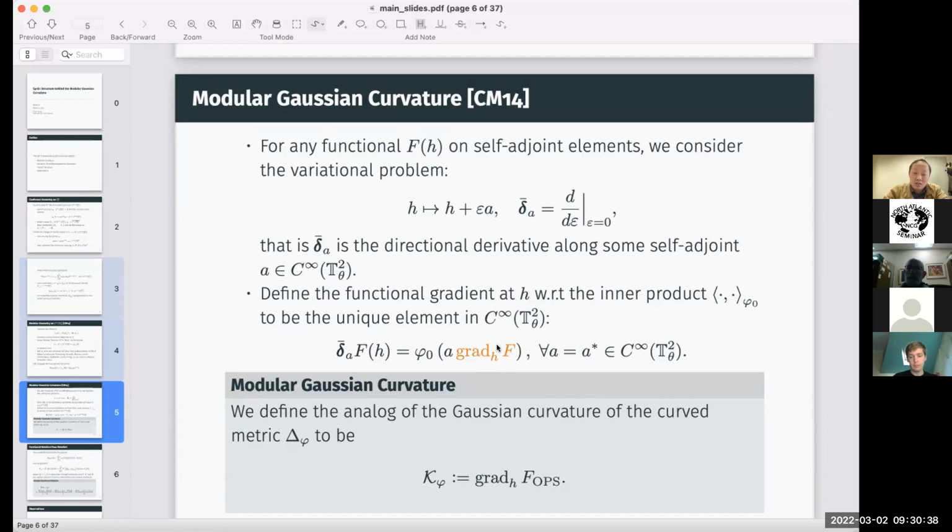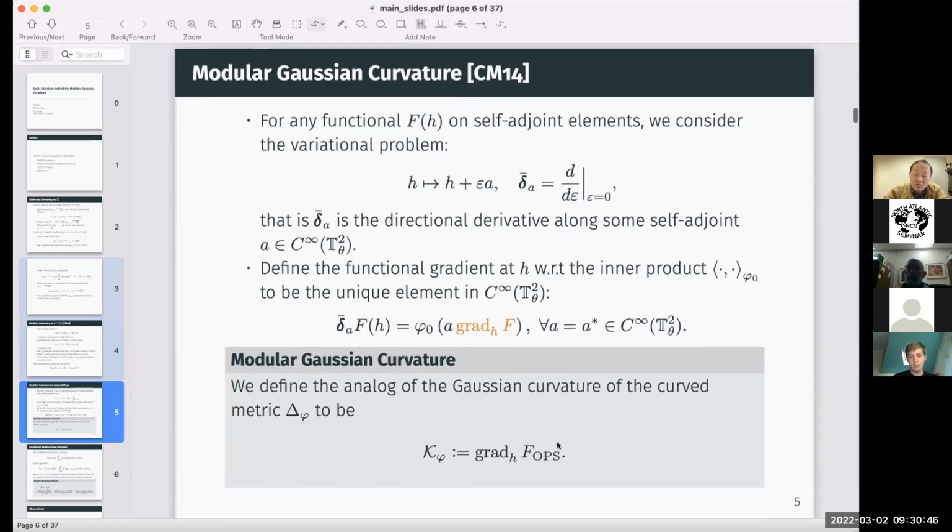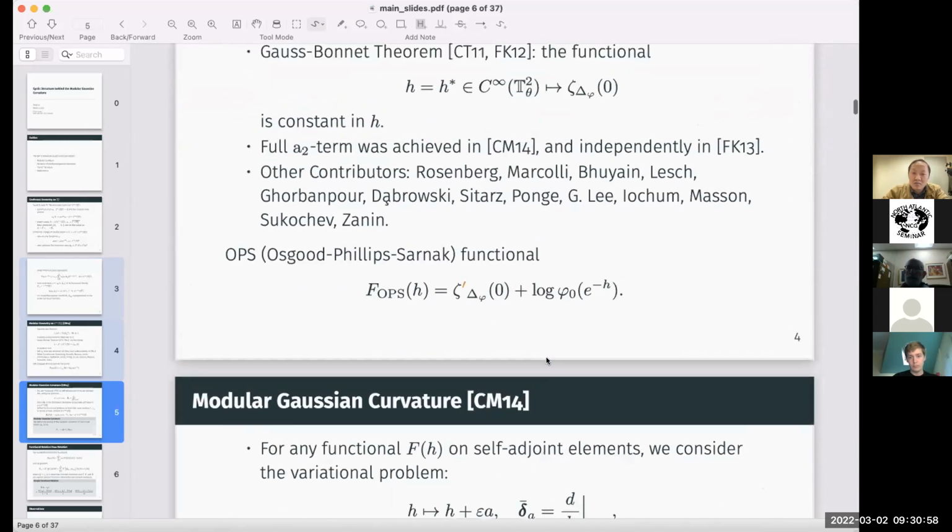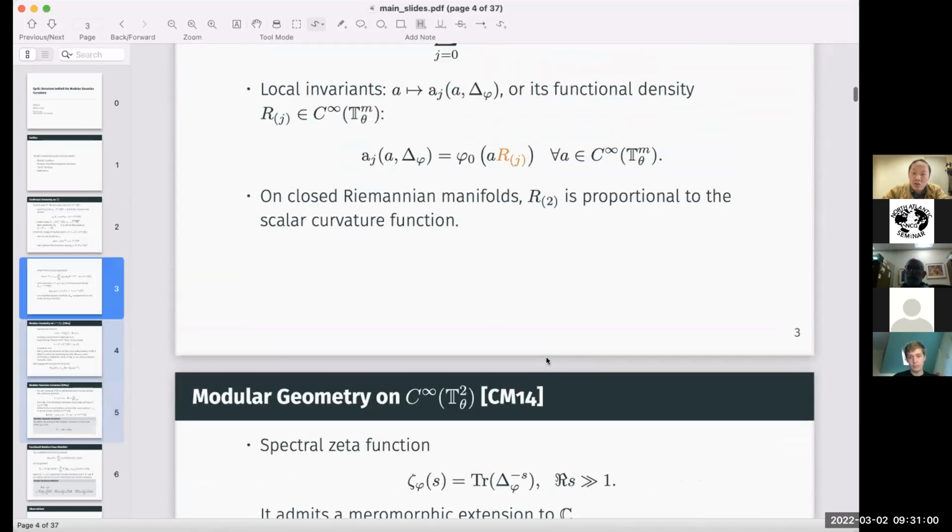By exact analogy with the commutative case, we can define this functional gradient as the modular Gaussian curvature. In our case, this gradient is very close to this R2 here.